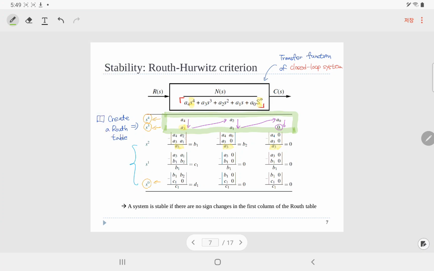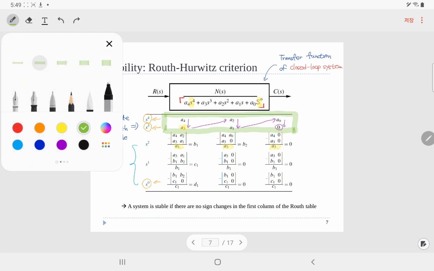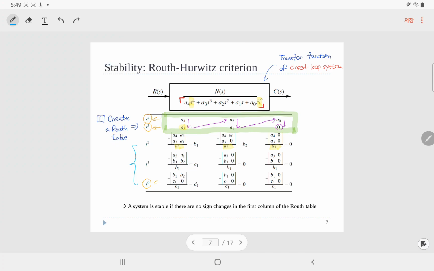In the same pattern, this B1 becomes the denominator of the next rows. Here is B1 and B1 and B1 and so on. On the other hand, the numerator of each entry is the negative determinant of some components.